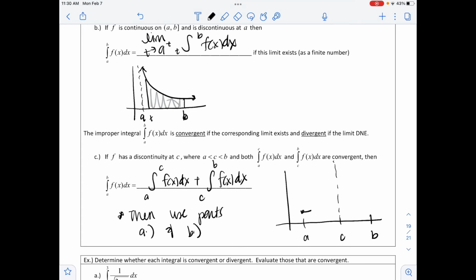From a we have going towards that vertical asymptote, and likewise for b going towards that vertical asymptote. And so we can split this and find the limit as you're approaching it from the left and from the right of each of these, and then sum them together.